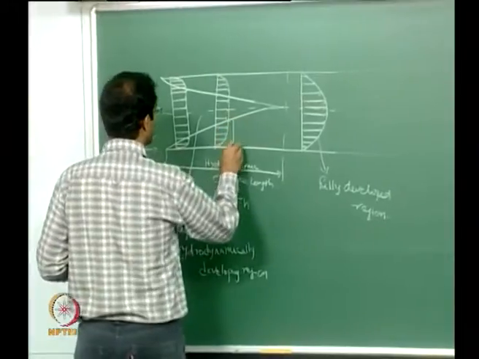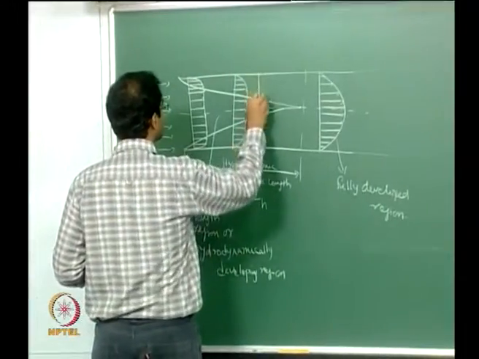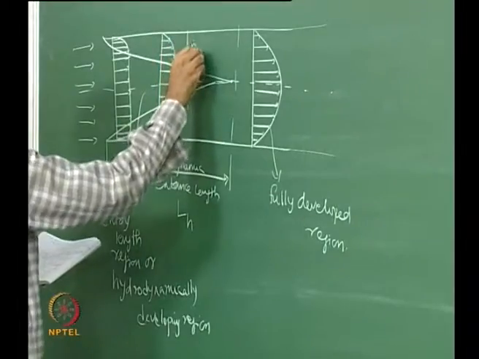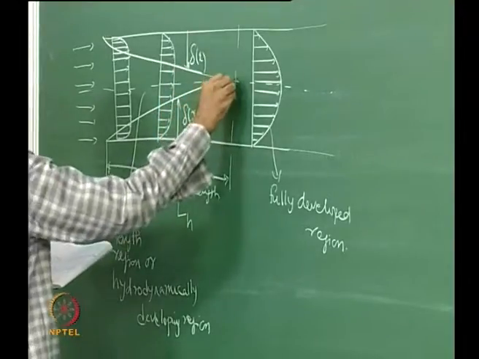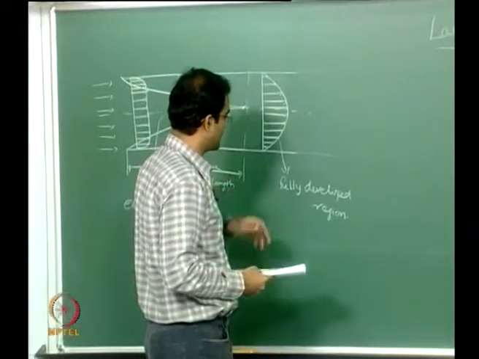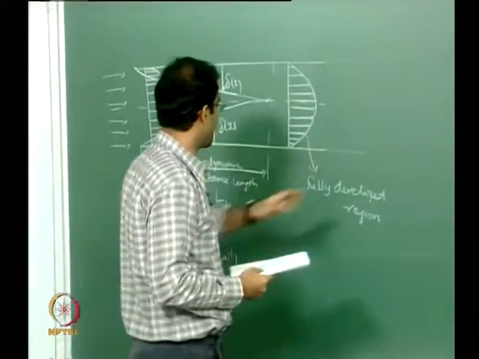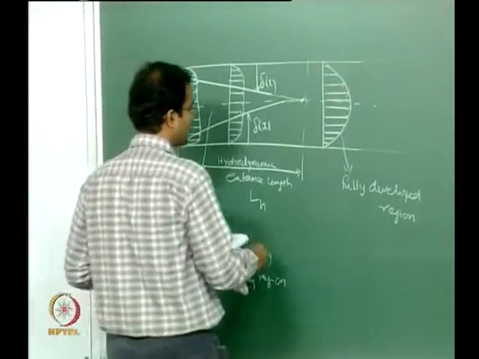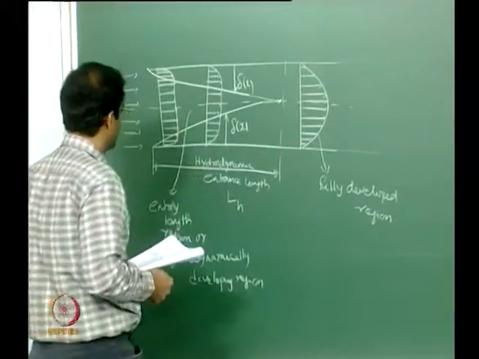Okay, so therefore here you can see the boundary layer thickness is a function of position. Now once it merges, then everywhere it is viscous dominated and the velocity profile is invariant of the axial location, alright, and this becomes completely fully developed.